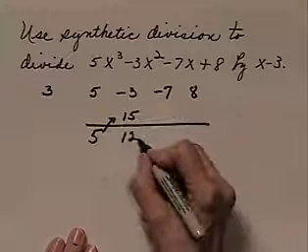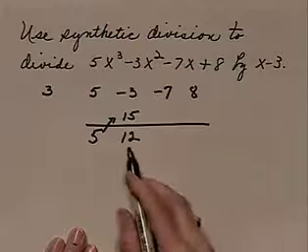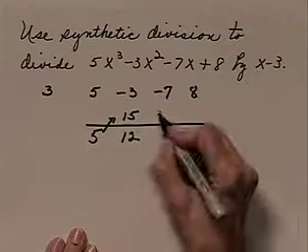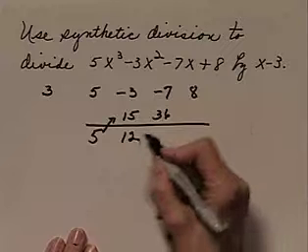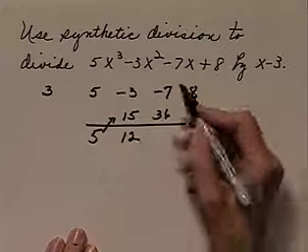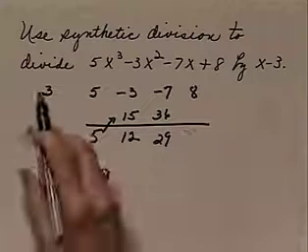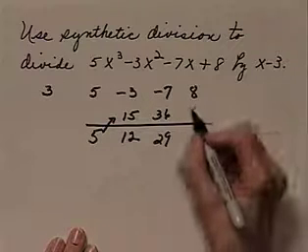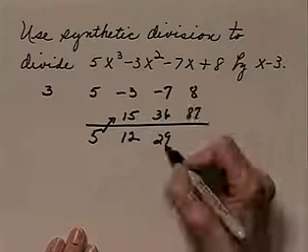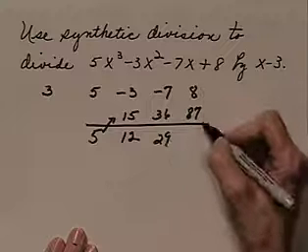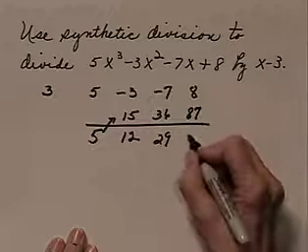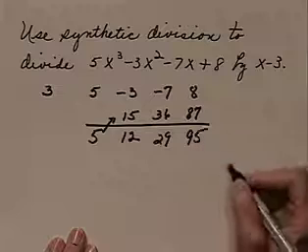This gives us 12. 3 times 12 is 36. We'll put the 36 under the next number in our top row and add. This gives us 29. 3 times 29 is 87. And again, we'll put it under the next number in our top row and add, giving us 95.